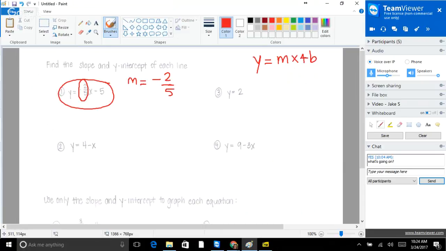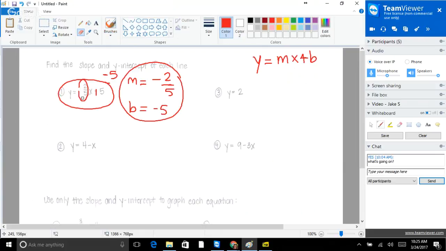Okay, and the y-intercept, this is kind of the tricky part. See how it's minus 5? Well, the standard equation is plus b. So another way to write minus 5 is plus a negative 5. So that means that my y-intercept is at negative 5. So those will be my characteristics of that equation.